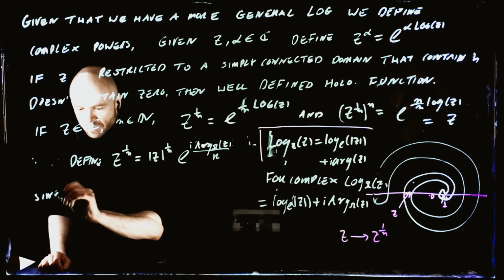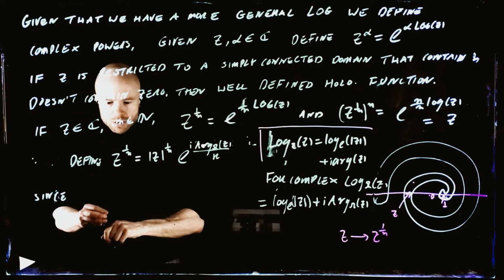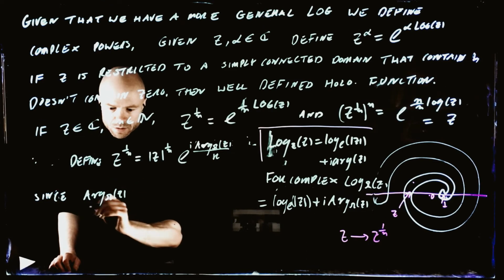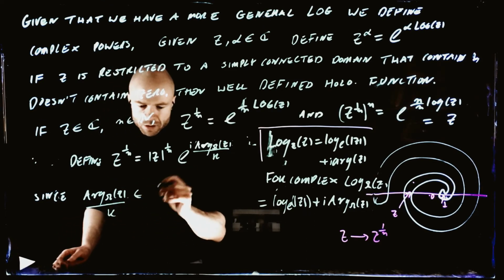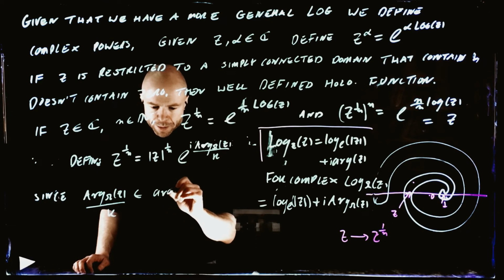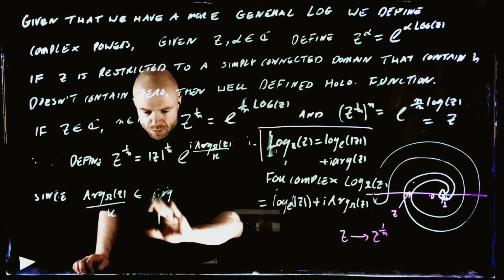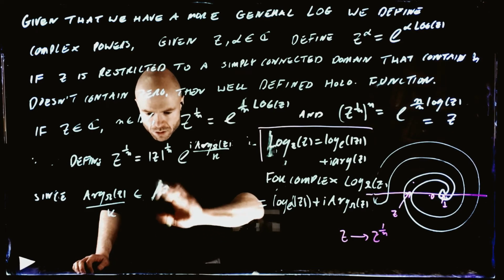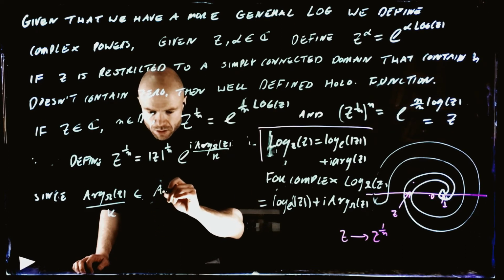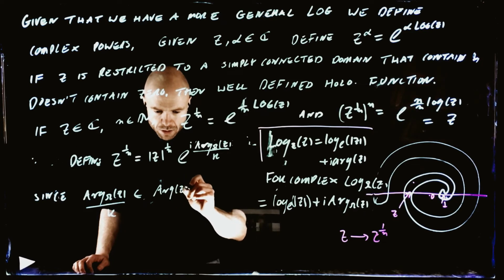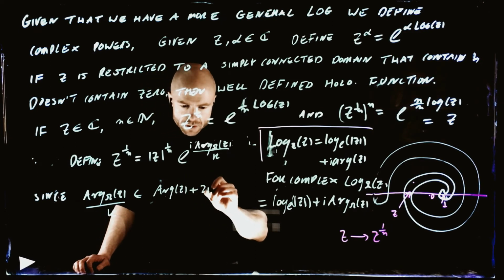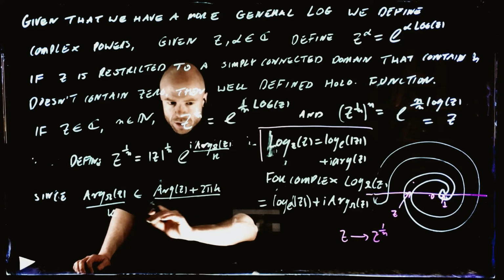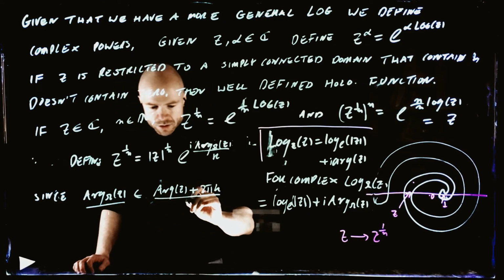Since this argument function over n definitely belongs to the thing we had before, which was the general expression, the principal argument plus 2 pi k over n. When I was saying k, I should have been saying n, sorry.